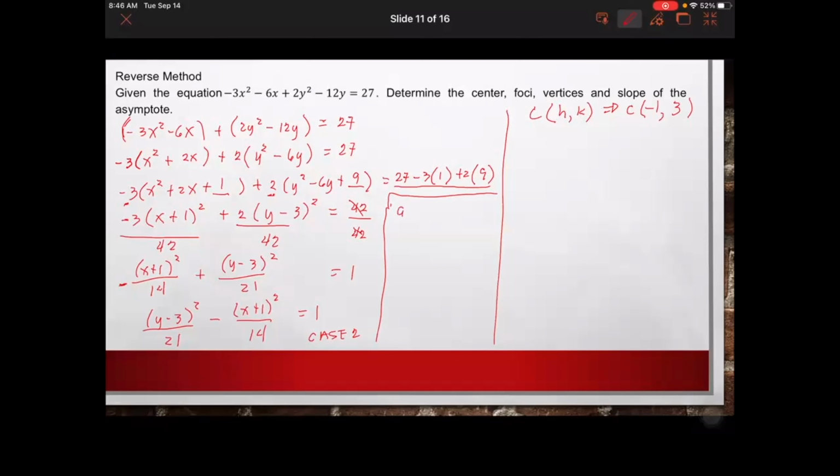A is equal to the square root of 21 from here.